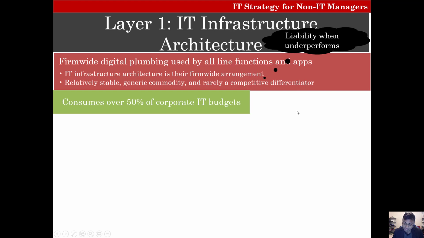This foundation usually consumes over 50% of the IT corporate budget. Constructing a transatlantic internet cable costs about $300 million, giving you a feel for how costly IT infrastructure can get.